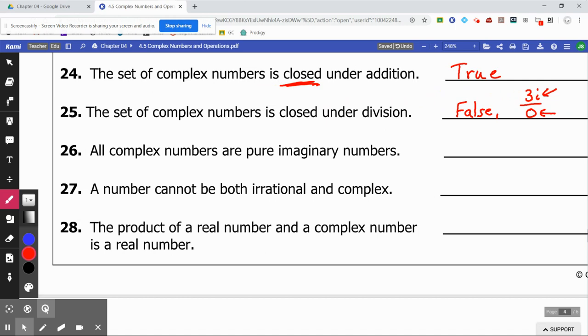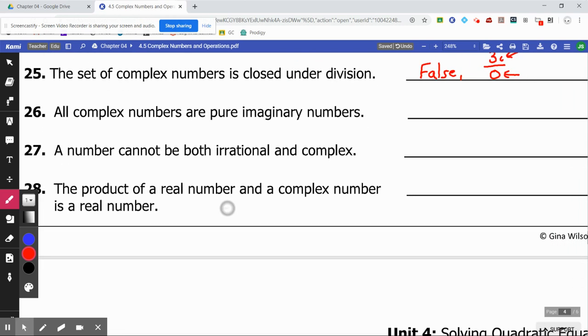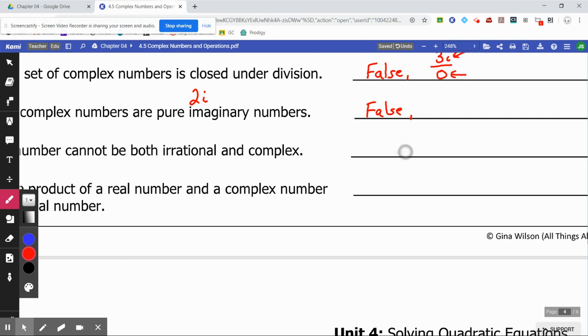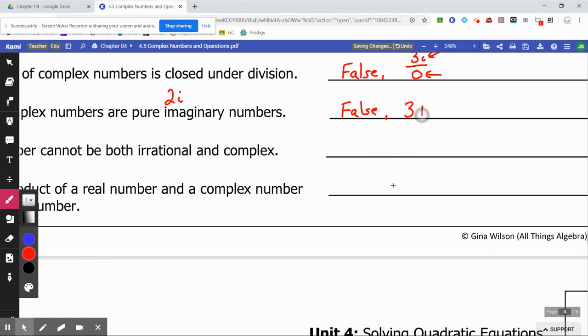Okay, the next one, number 26, all complex numbers are pure imaginary. Now, pure imaginary is like has just all imaginary parts, and that's going to be false because some are mixtures of imaginaries and real, like 3 plus 2i. If 2i is pure imaginary, well, 3 plus 2i is a mixture, so therefore it is not pure.